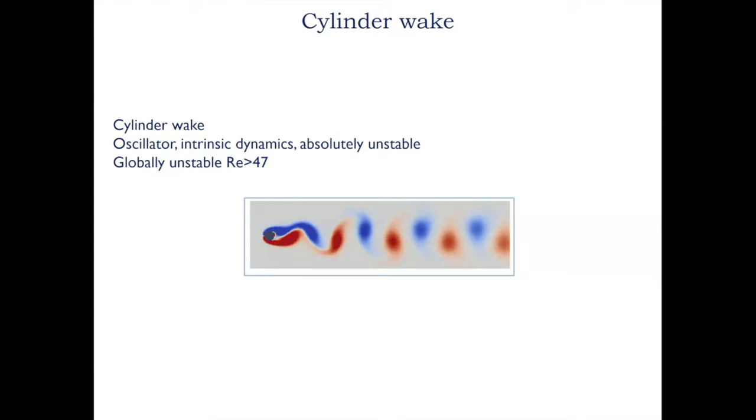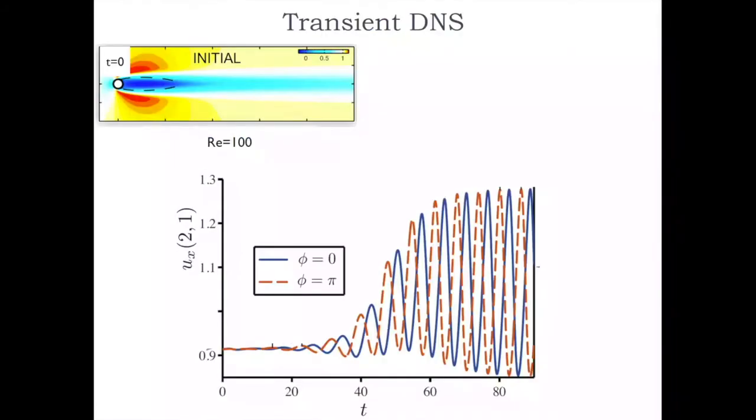Now, if you look a little bit more in detail at a transient direct numerical simulation, and here you start two independent simulations for out of phase initial conditions, then you see that the flow evolves from an initial steady state with a non-visible initial perturbation, which is too small to be visible, and reaches at some point this limit cycle, which is here represented by a snapshot.